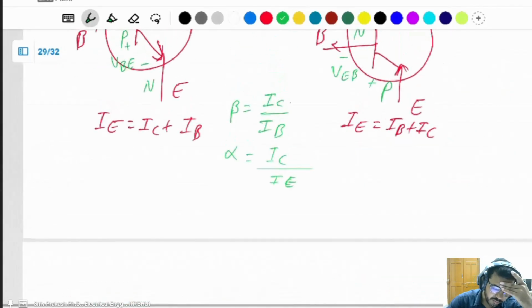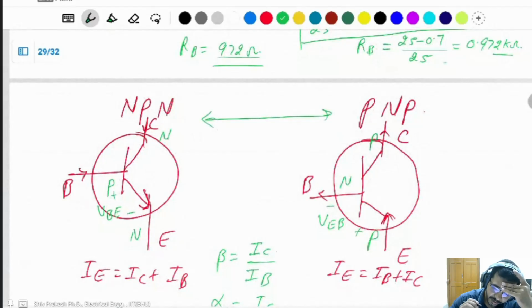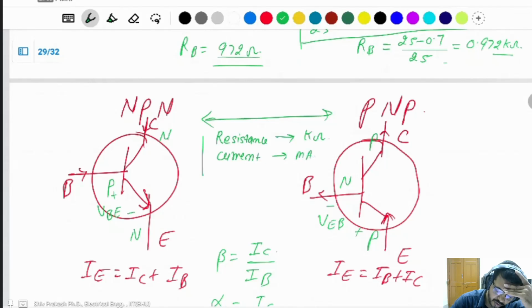For solving transistor questions, take an assumption like resistance in kilo ohm and current in milliampere. If you take these two assumptions, then you won't be confused.